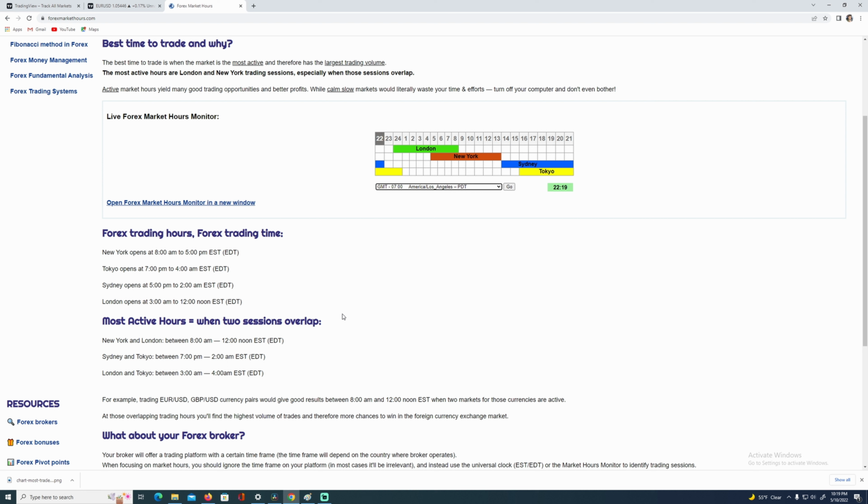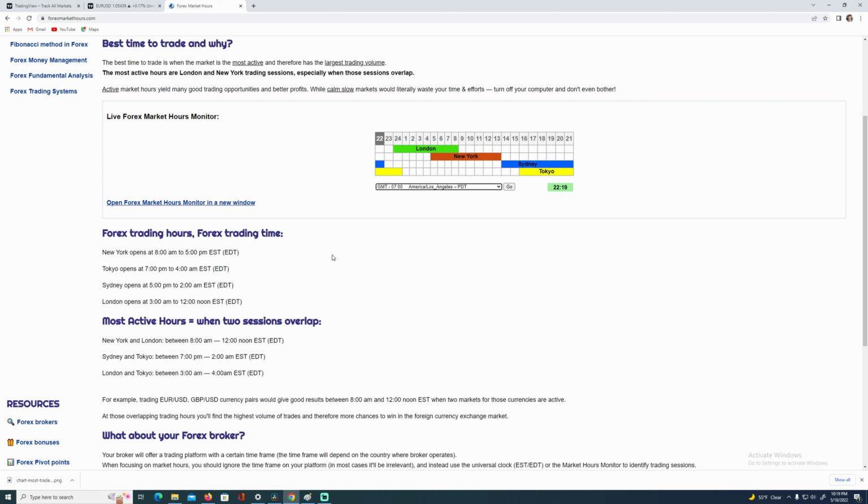Those are going to be the most volatile times during the day, and the overlap with the Sydney and Tokyo, right? Which is from 7 p.m., which for me will be basically 5 p.m. to 11.